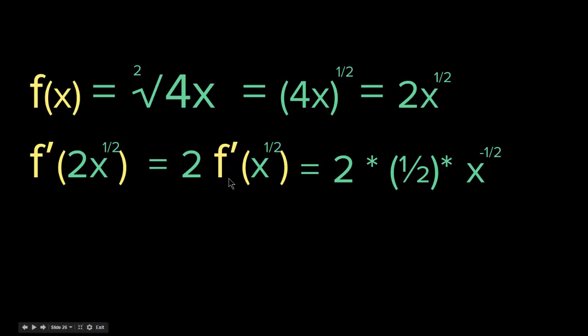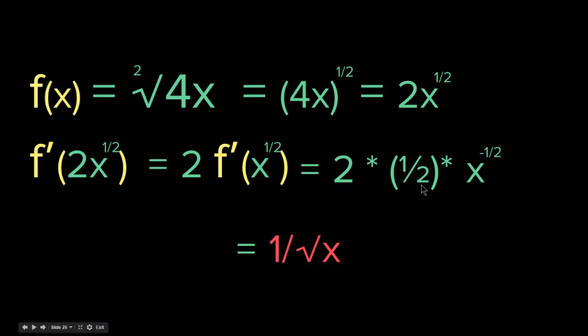Why? Because here, as you see, we have a 2, we have the derivative of x to the 1/2. So if we want to find the derivative of x to the 1/2, all we have to do is bring the 1/2 down, multiply it by our constant, and take 1 off the power of the x. And this is exactly what we did. Half minus 1 becomes minus half. So this gets more simplified.